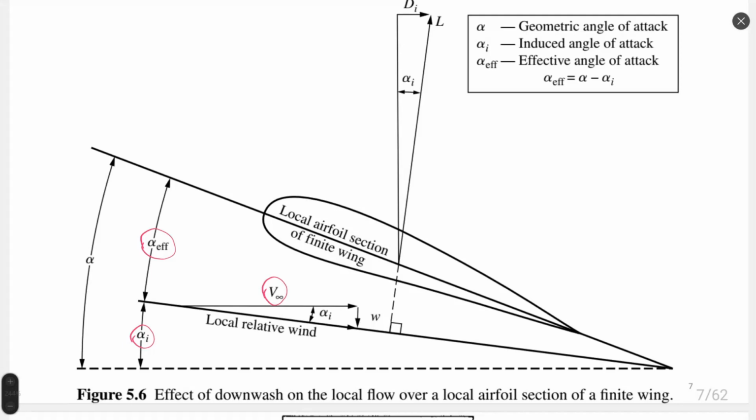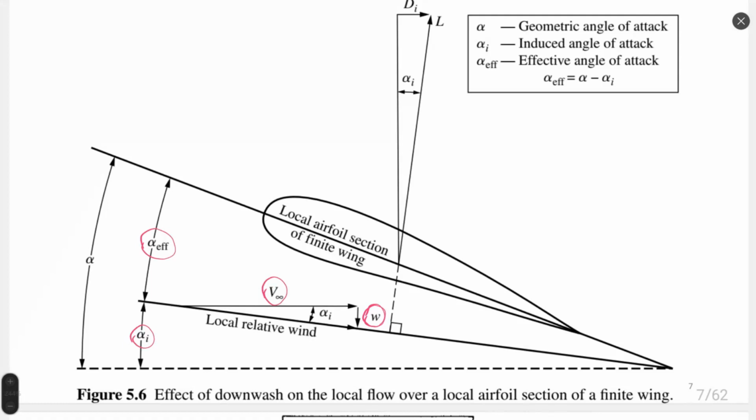For us, this velocity is defined on figure 6 as W. It is called the downwash velocity, and is always related to the infinite velocity. W is perpendicular and directed downwards. So this is why it is called downwash velocity.